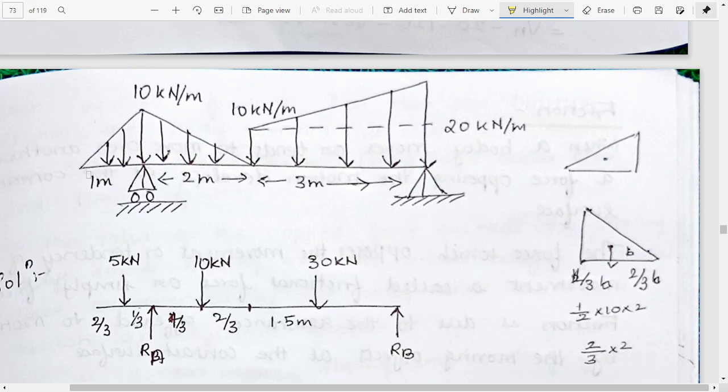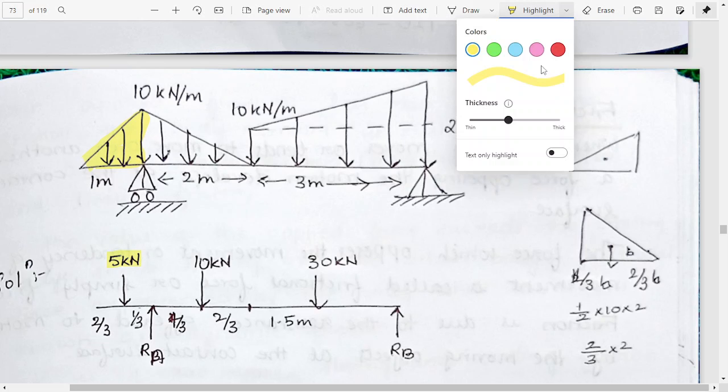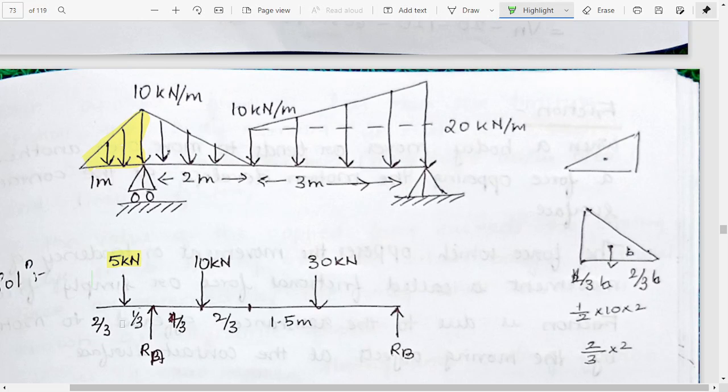If we are considering from this part, we should find the area of this triangle. The area will be half of 1 into 10, so it will be 5 kilonewton, and it will be kept one third of this from this end.